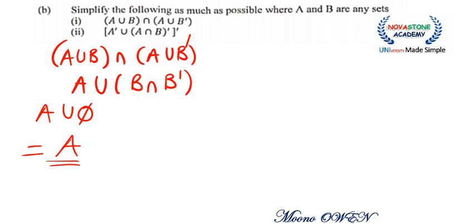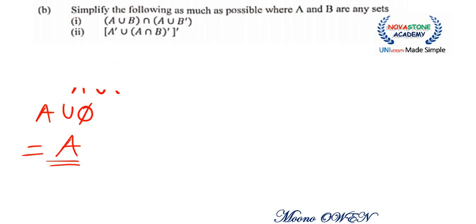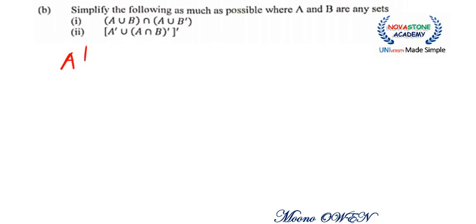Now let's come to the last one. So we've got A complement, this is a big set, union A intersection B. They have a complement outside and we have a complement outside again.